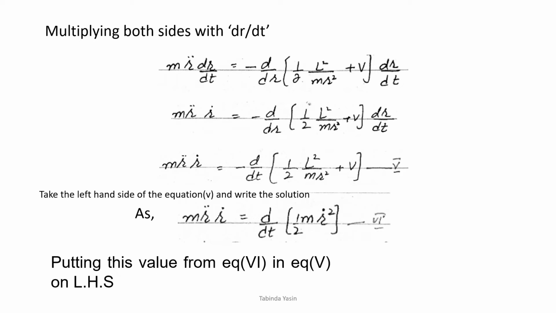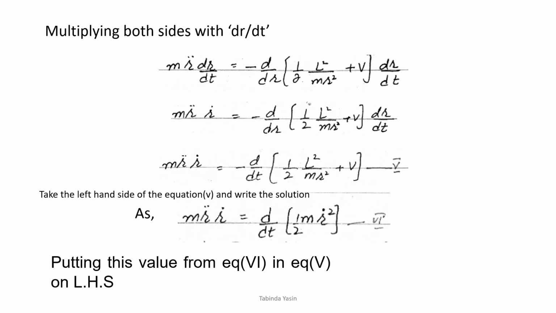As we know that dr over dt on the left hand side is the first differential r dot. So on the left hand side we have m r double dot r dot is equal to minus d over dr into 1 over 2 into L square over m r square plus V, bracket close, dr over dt.